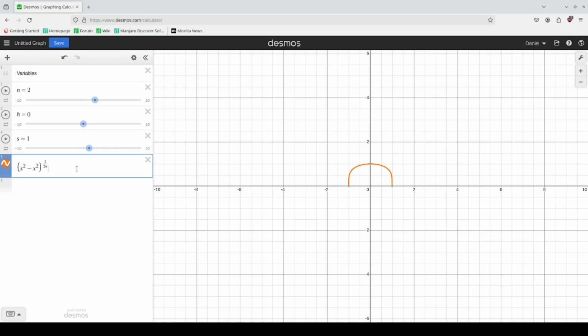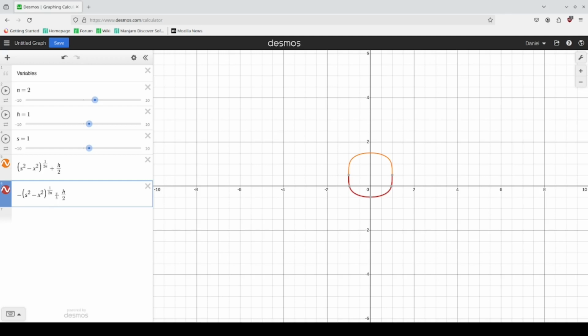All right, and now we're going to move this by some height, and so let's make this 1. And if this is going to be the total gap between the top half and the bottom half, we should really be using half of this, so that for the bottom half here, this would be a minus, and then we subtract the height.